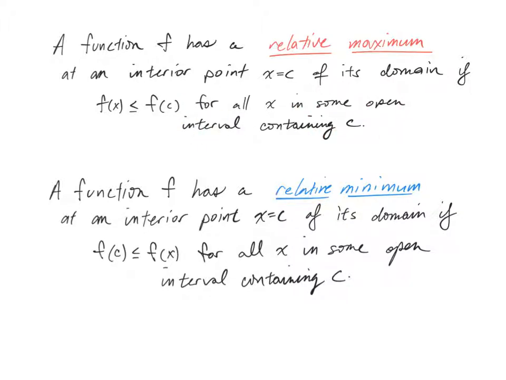Now this feels a lot like the last definition of absolute maximum, and we will go over what the difference between an absolute and a relative maximum is on the next slide. But also here you can see that there's a similar definition for the relative minimum as long as you pick an x equals c that is on the interior.